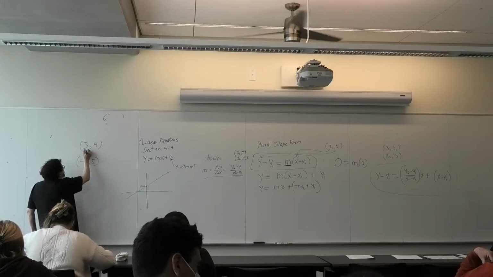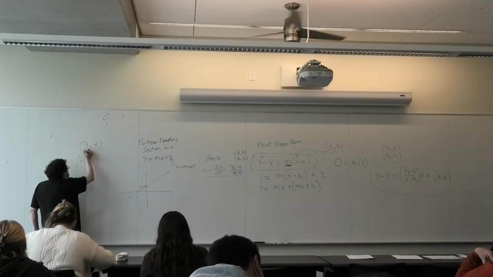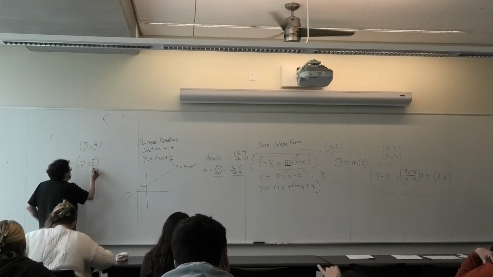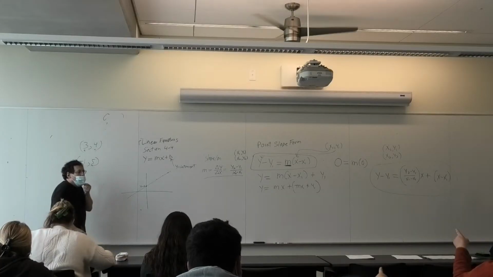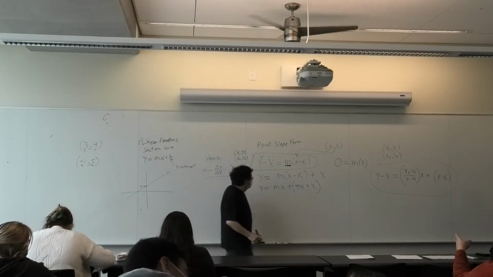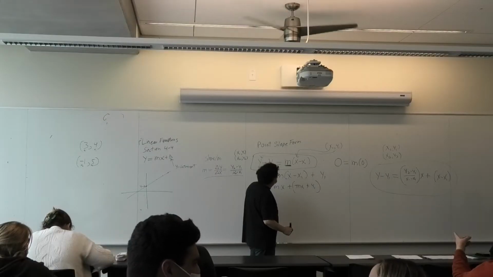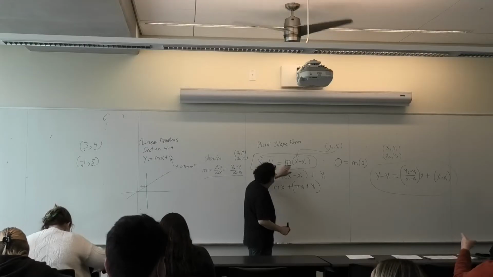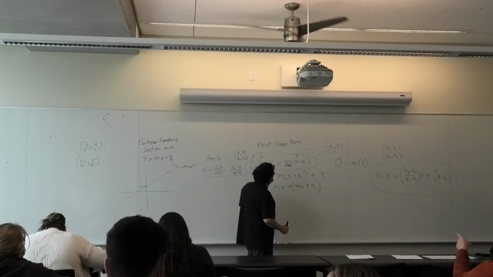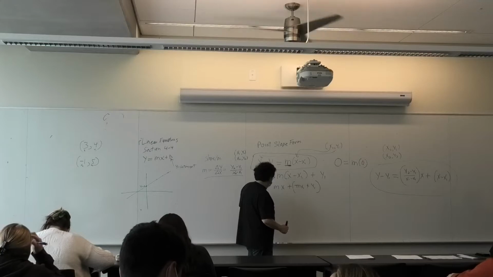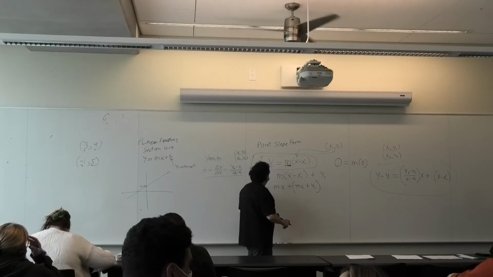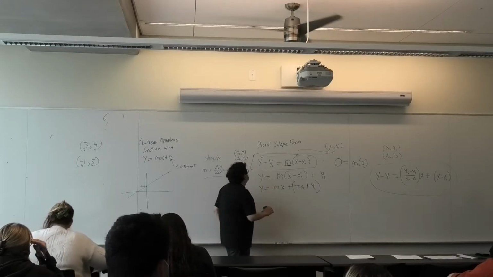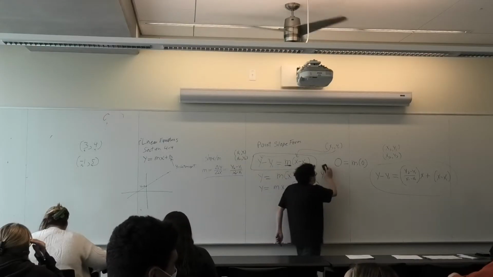Like, this could be x1, y1, and this could be x2, y2, or you can switch it. It doesn't matter. I'm just confused, I can't even start it. You can only get 1 point of those and put it into y1 and x1. The y and the x, you can't do those. Is that right? Okay, yeah. I'm confused.